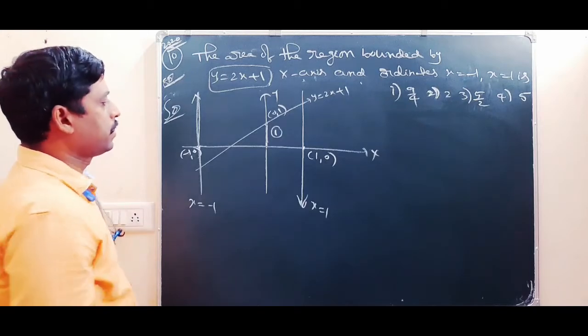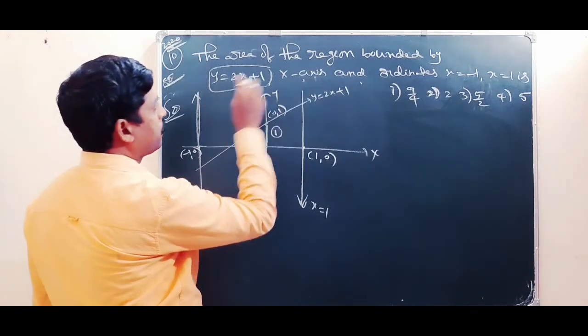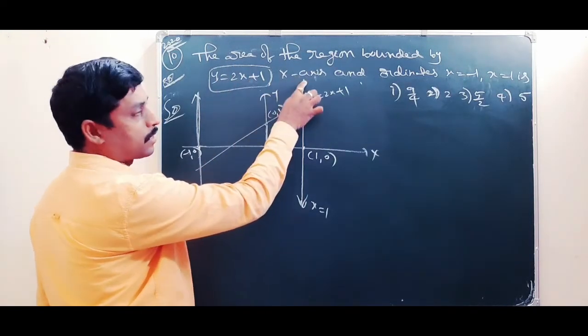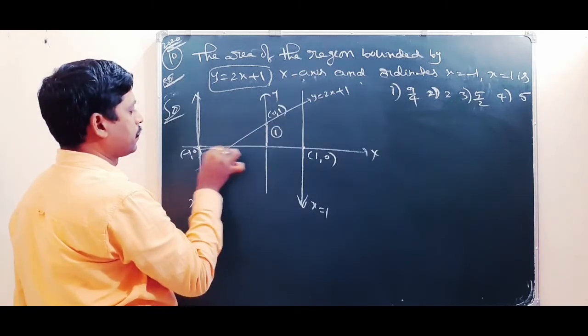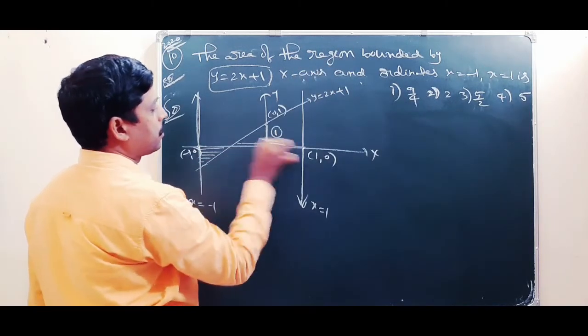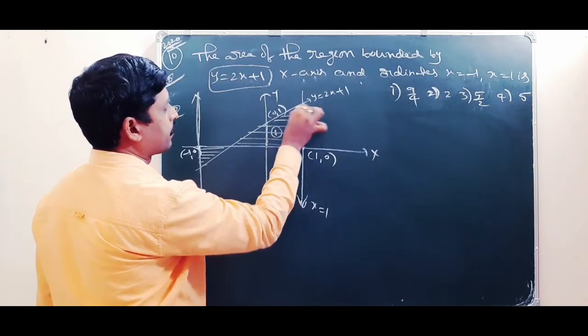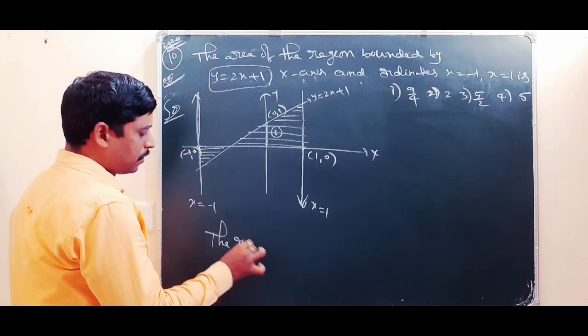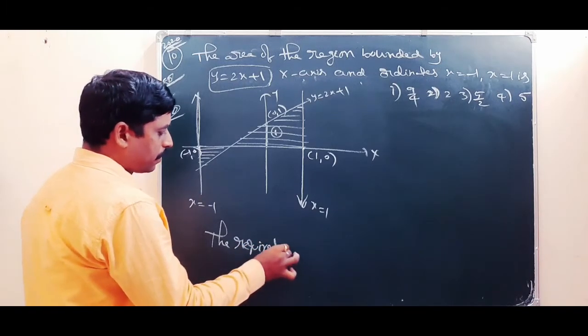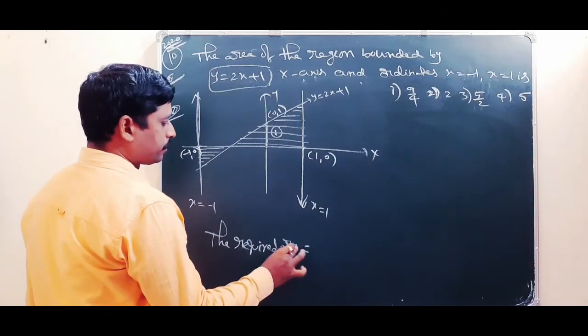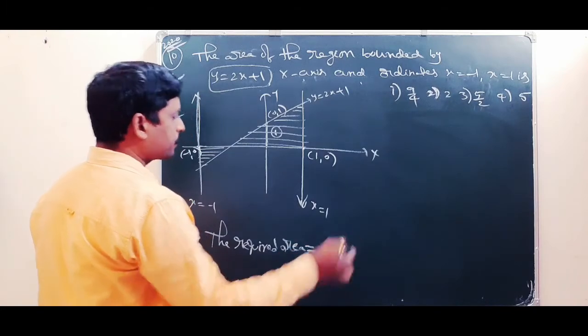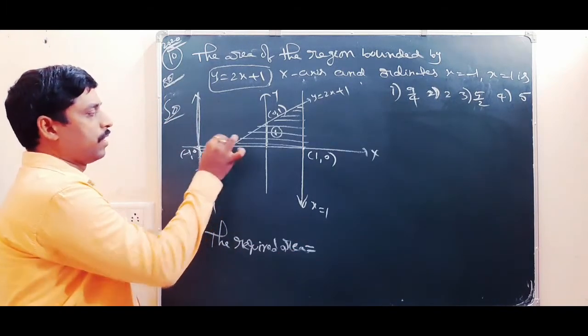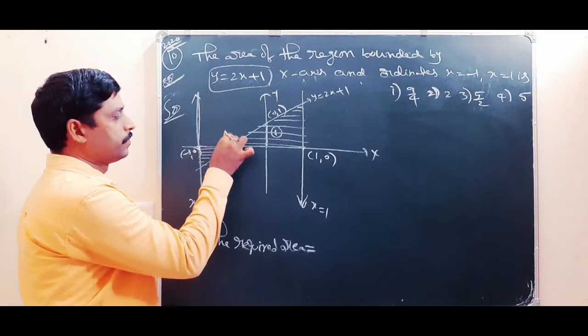So what is the required area? The area of the region bounded by y is equal to 2x plus 1, x-axis and ordinates. This part is required. Okay. Therefore, for the required area, first we have to find a point.